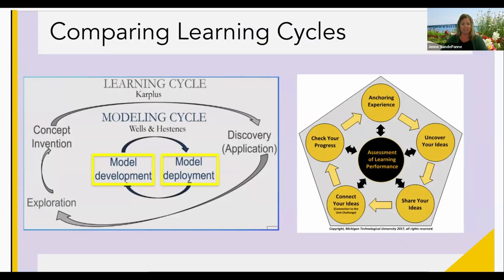The modeling cycle has a series of developing that conceptual model, then applying it, and then coming back and redefining that conceptual model when new content is learned, and then practicing that in an activity. So we're doing that 5 times in the learning cycle for modeling, and we're doing it 5 times here in the MyStar model. If we look at actual plans, let's go ahead to the next slide.